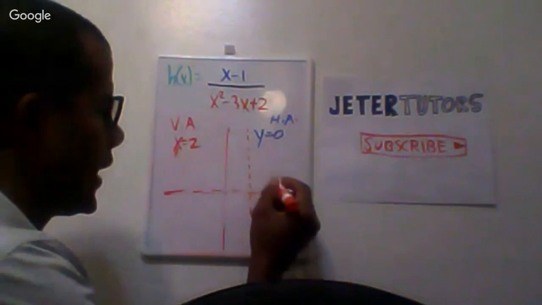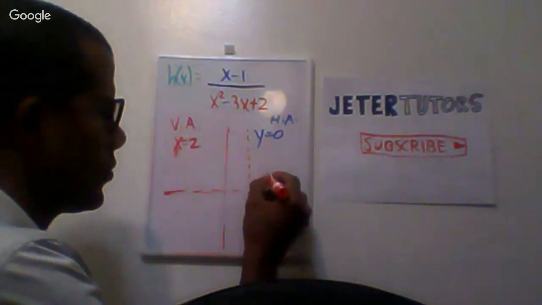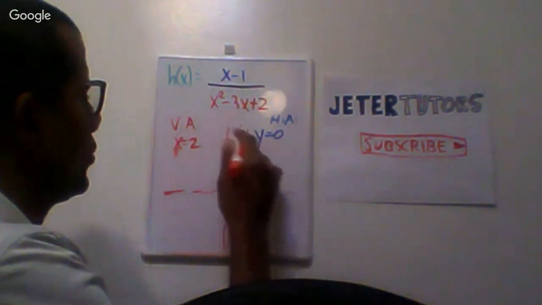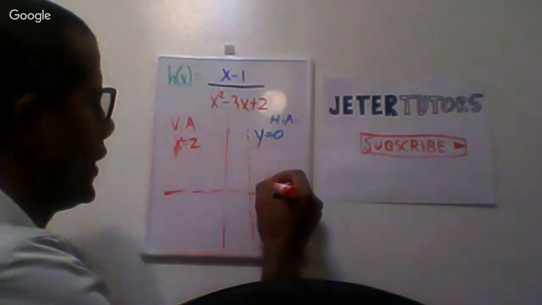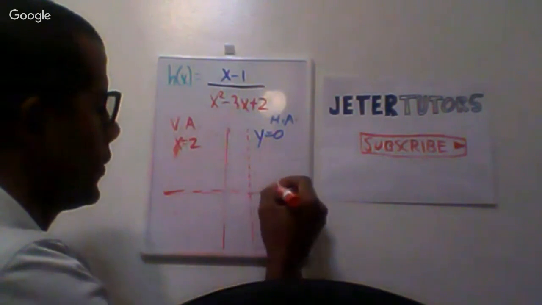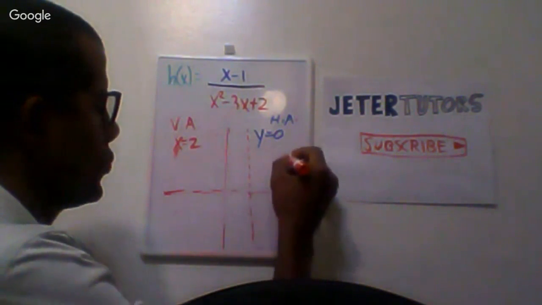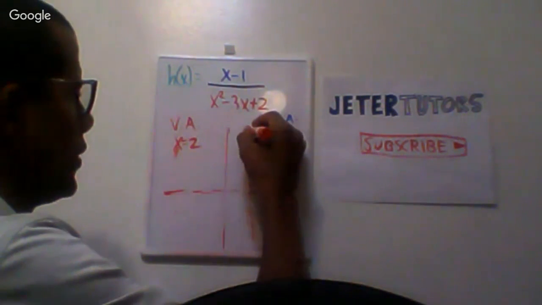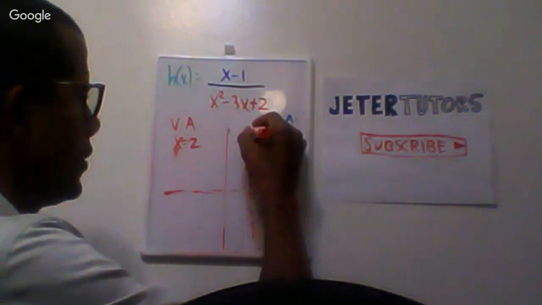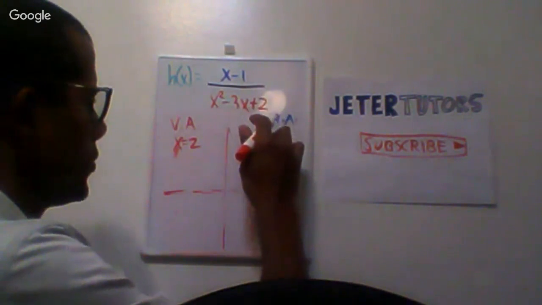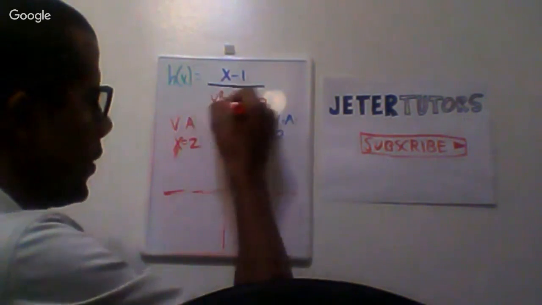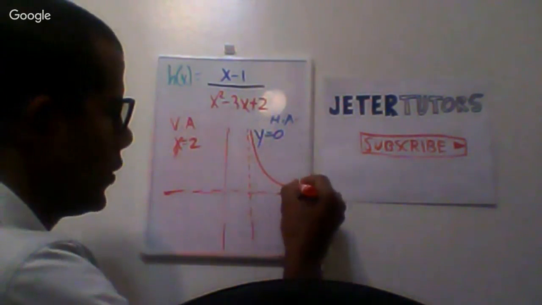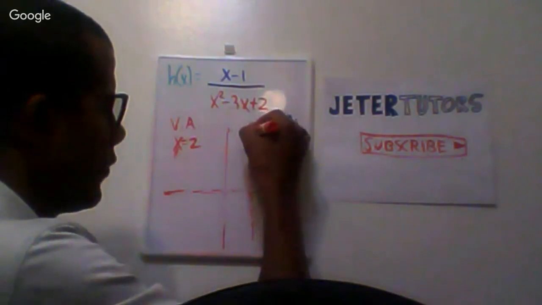So what that tells me is that it's really, really small as x goes to infinity, because this is really, really big. Sorry, I just had a brain fart.